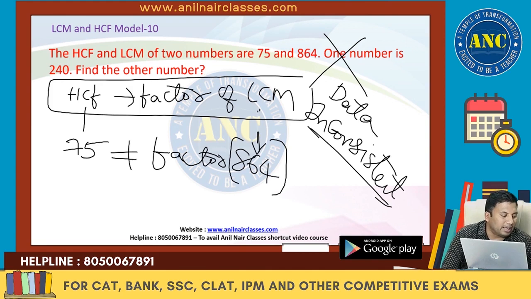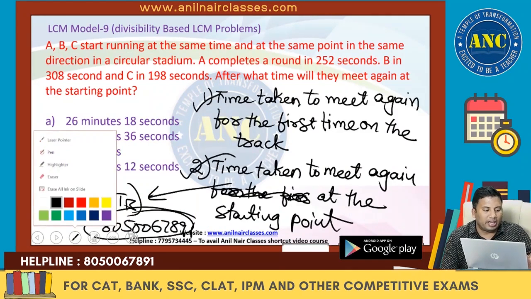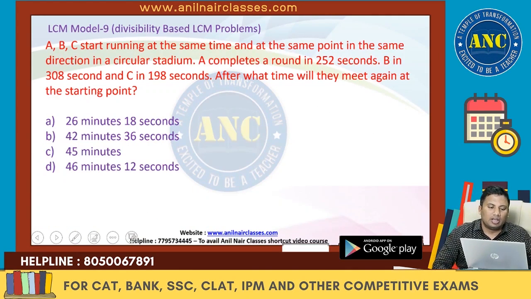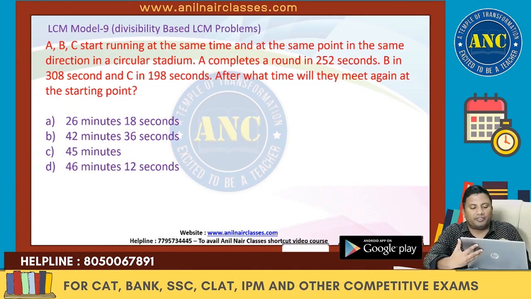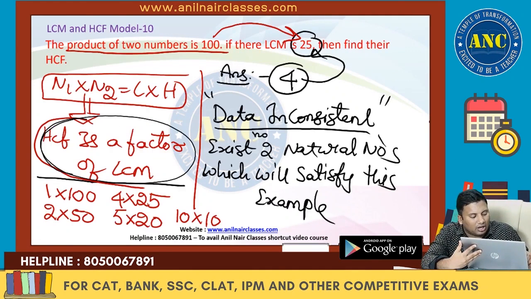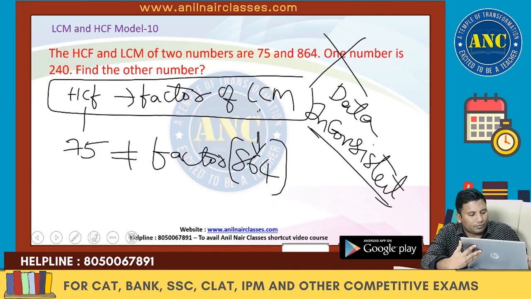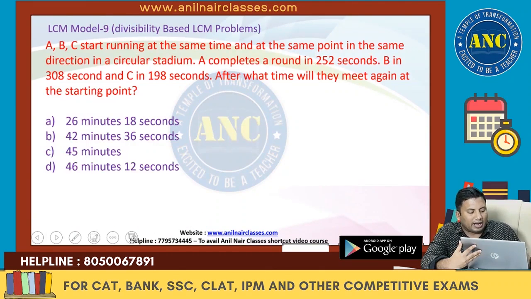Arun, I am deliberately skipping that question. Why? Because if I have to explain it to you, I have to explain multiple approaches. Even though I read the question, I am not going to explain it, because in a circular track there are so many conditions that will come.